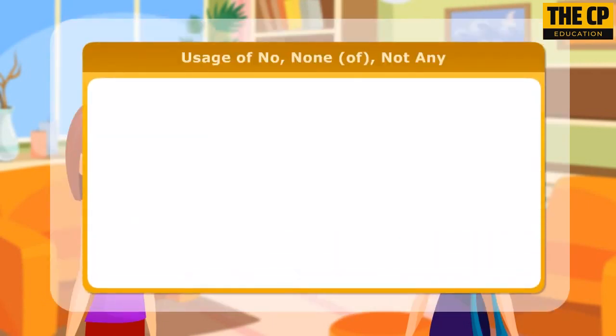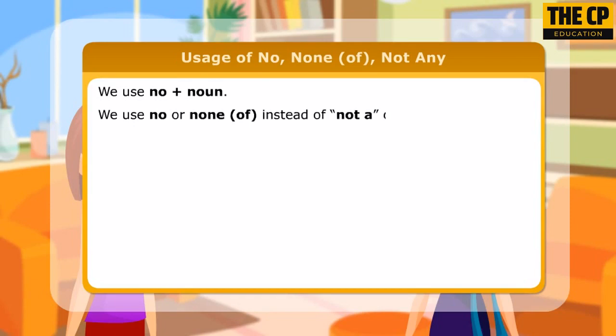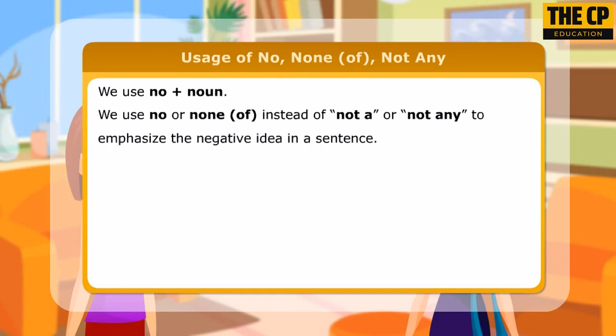Usage of no, none of, not any. We use no plus noun. We use no or none of instead of not a or not any to emphasize the negative idea in the sentence.